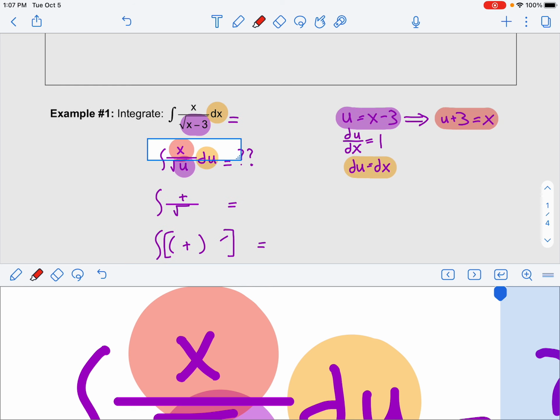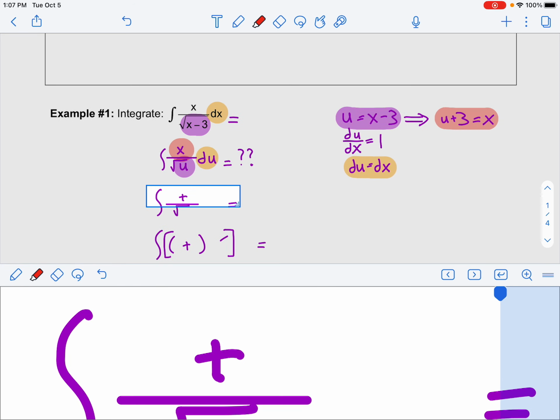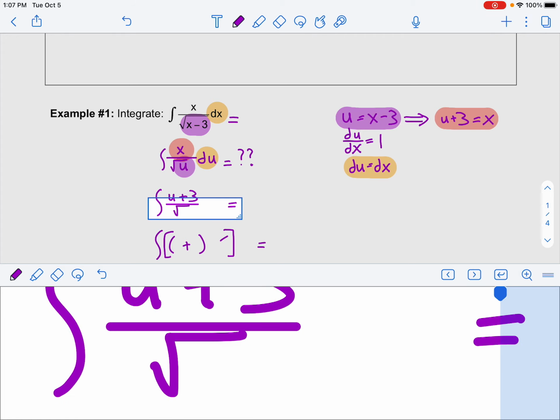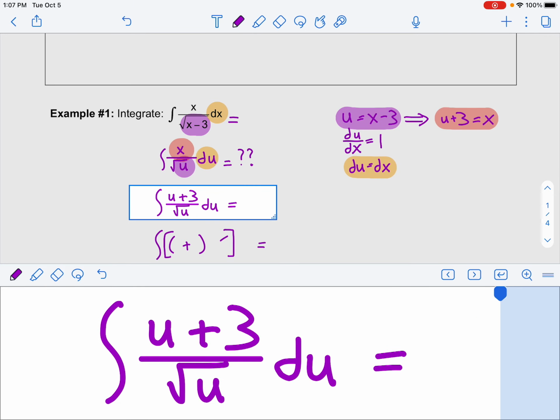So now I can rewrite this integral fully as u plus 3 over the square root of u du. Okay, so this is an example of a complete U substitution, right? Everything here is getting replaced and rewritten in terms of u.